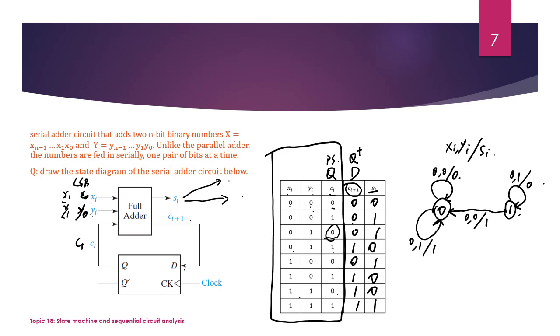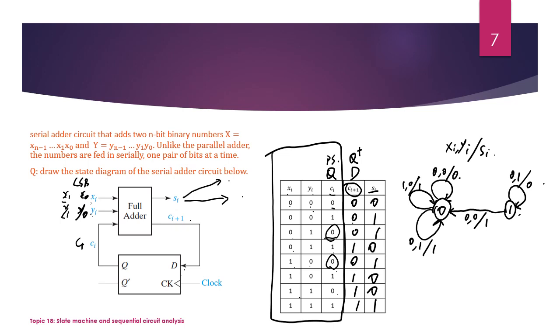Next, if the current state is 0 and x, y equal 1, 0, the next state is still itself, and the output is 1.